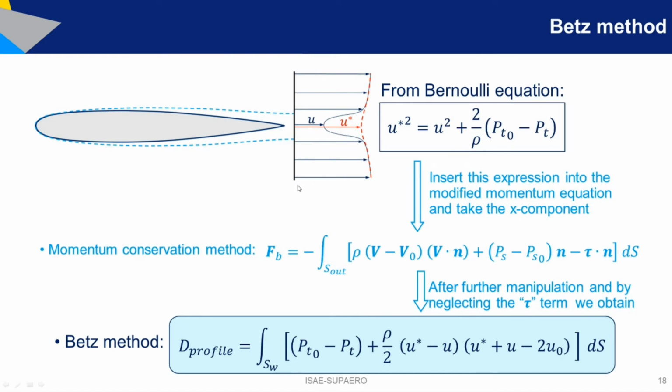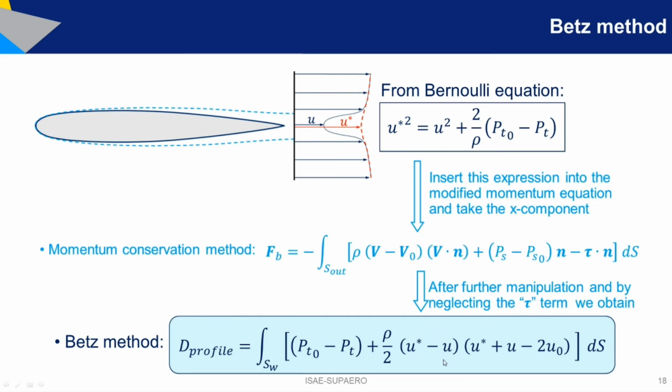So as you can see, the Betz method allows us to take away the part that annoys in the analysis, that is this isentropic field, and only retains the real sources of loss of energy, the real sources of drag that are the loss of total pressure and loss of kinetic energy.